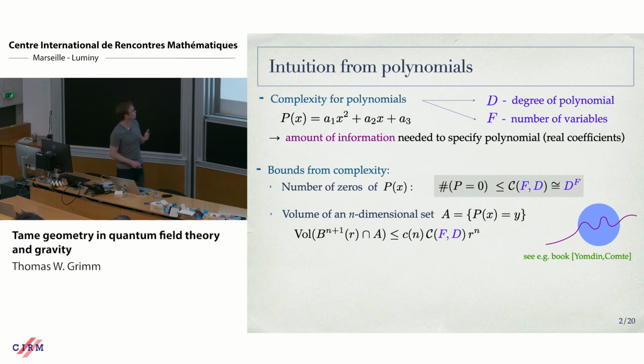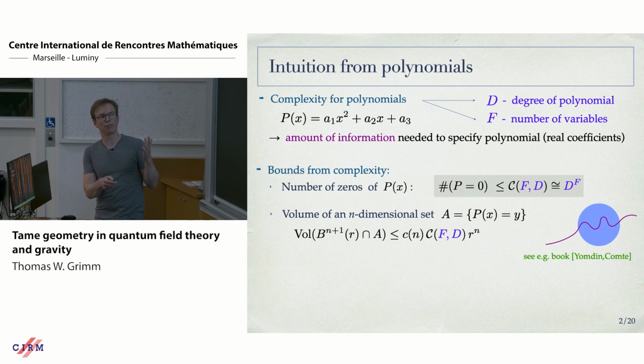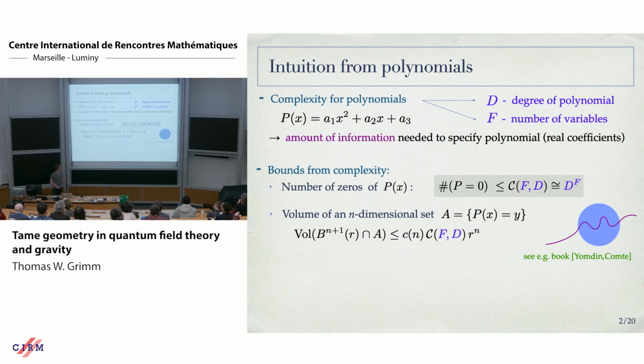So imagine that you take a ball of radius r and you embed the graph of your polynomial into some higher dimensional space. Then the volume of this ball intersected with this graph will scale in a specific way, and it will be bounded by this function C, which is in this case just the number of zeros. Okay.